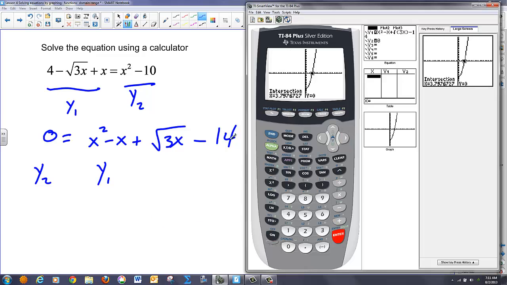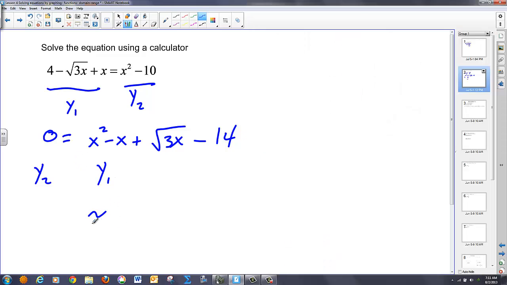And that should get me the intersection of the two, where x is approximately 3.79. That's how you use your calculator to go ahead and solve some equations when you can't easily factor or solve.